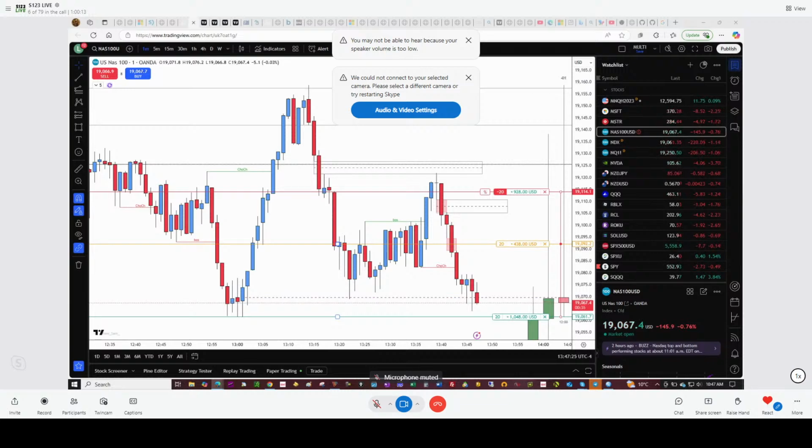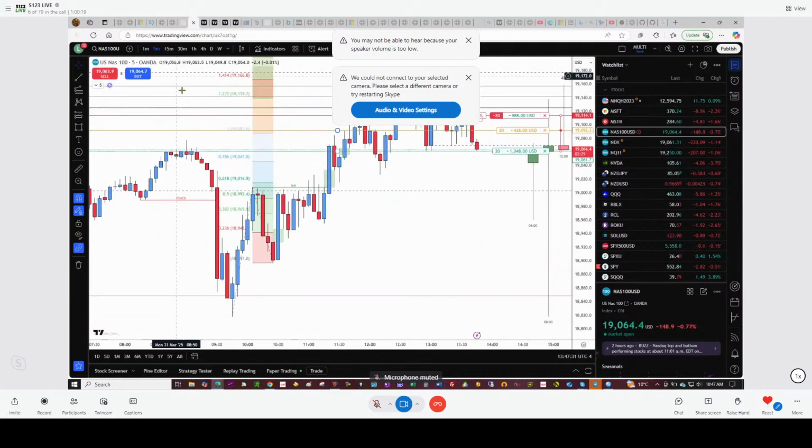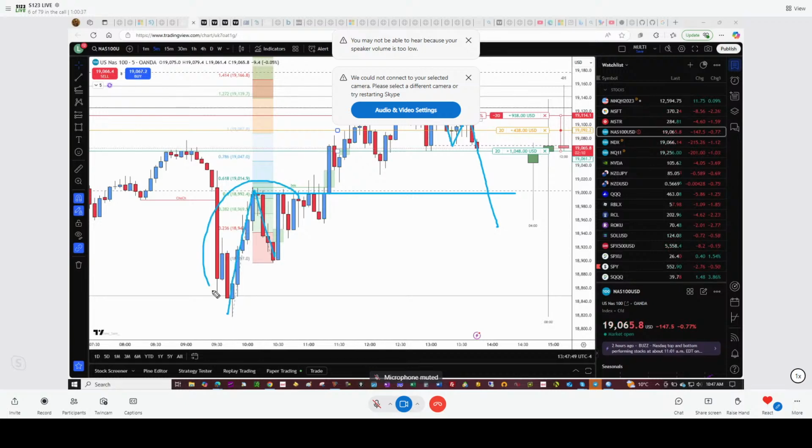On a 5-minute time frame, it looks like we could go down pretty far. On a 5-minute time frame, we do have a 1, 2, 3 top now. So yes, we could certainly swing lower, but this 1, 2, 3 bottom is controlling the move, right?